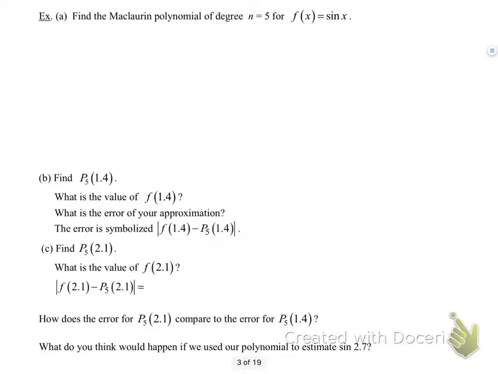Now we're going to find the Maclaurin polynomial of degree n equals 5 for f of x equals sine of x. So we need to find all of those derivatives all the way out to degree 5 and then use our formula and plug those values in.